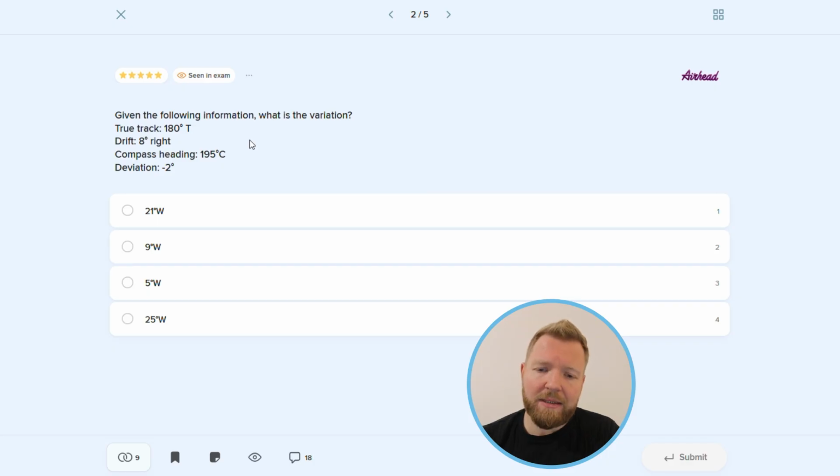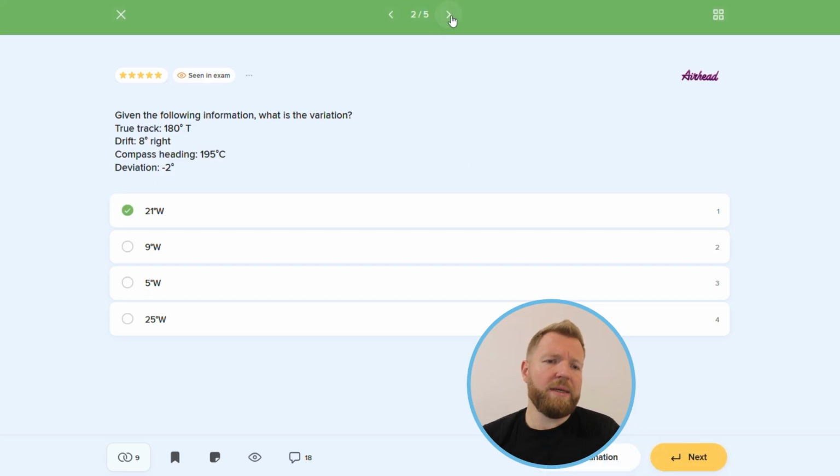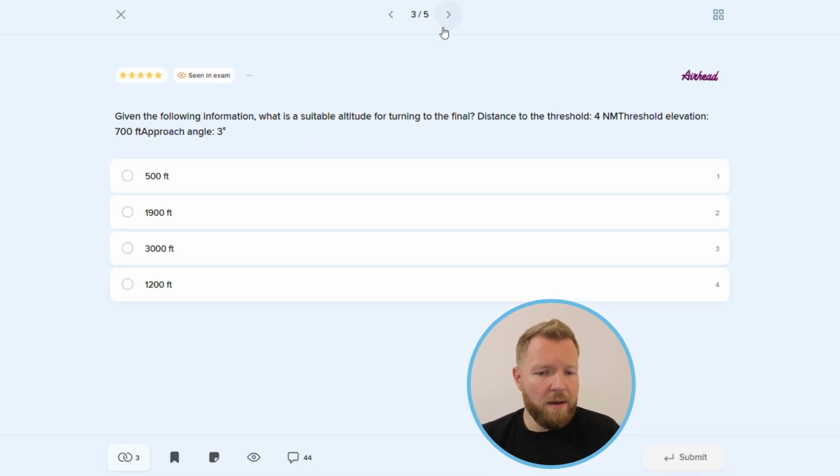Since magnetic heading is 193 degrees, true heading 172 degrees, we see the difference between magnetic and true heading is minus 21 degrees. So the correct answer is answer number 1, 21 degrees west. And this one is correct. And we are moving to question number 3.